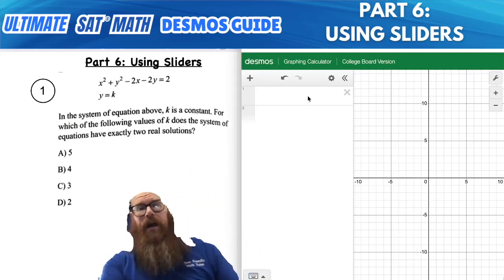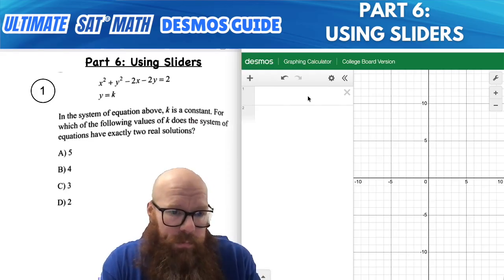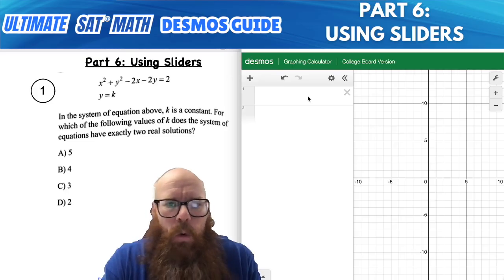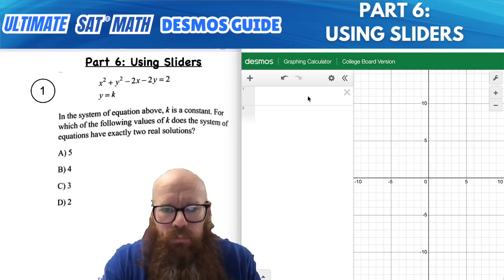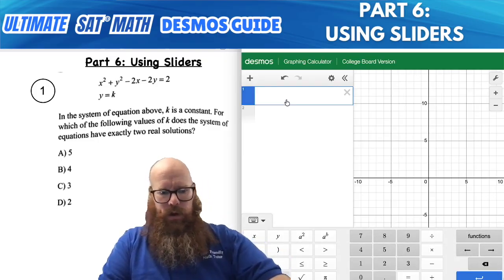So using sliders is a very, very big part of the SAT, and I really like to use them when we have a multiple choice problem. So we want to know when this has two real solutions. So what I'm going to do is put in the first one.